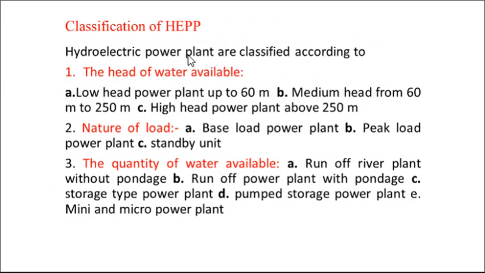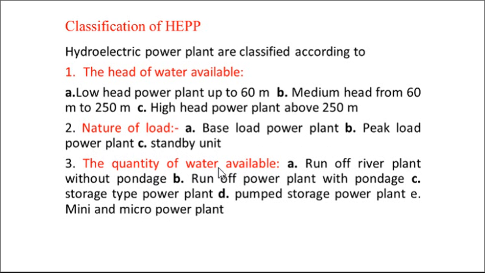Now classification of hydroelectric power plant. Hydroelectric power plants are classified according to head of water available. It can be classified as low head power plant up to 60 meter, then medium head ranges from 60 meter to 250 meter and high head power plant above 250 meter. Then according to nature of load, we have base load power plant, peak load power plant and standby unit.